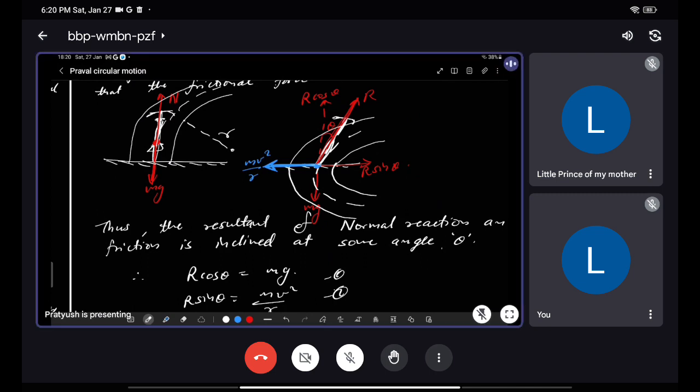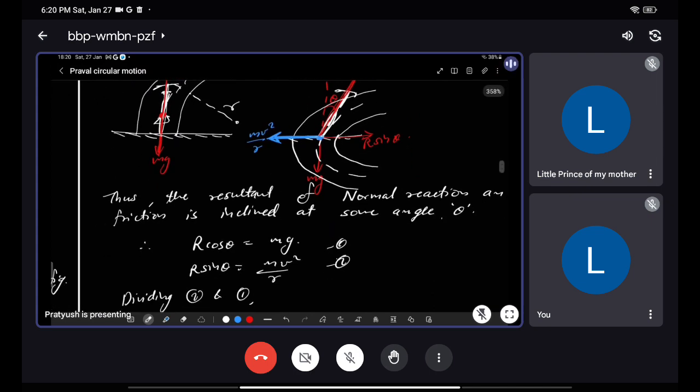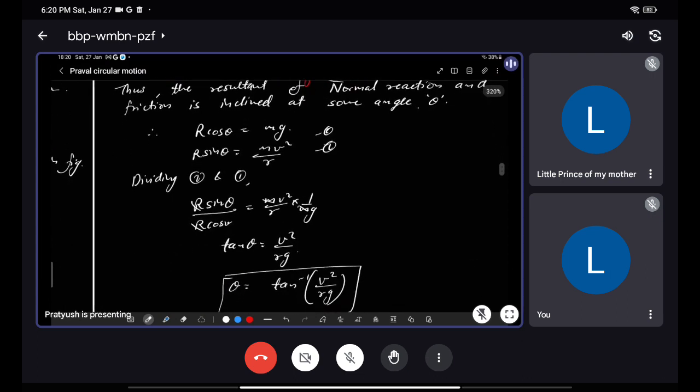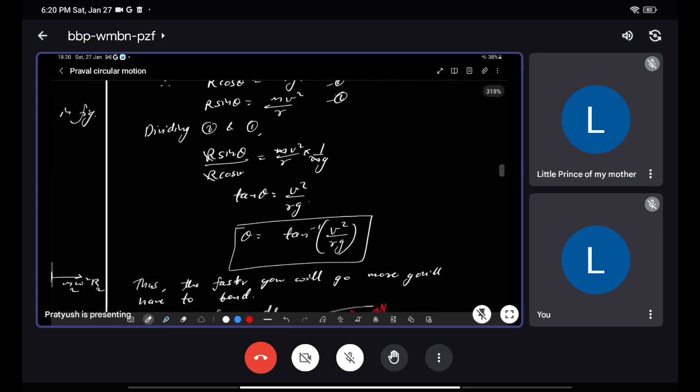Now what is happening? Now the normal reaction is tilted. Now this normal reaction will have two components, R cos theta and R sin theta. R cos theta will be equal to mg and R sin theta will be equal to mv square by r. Again divide both of them. We get tan theta equals to v square upon rg. So theta is again v square by rg.